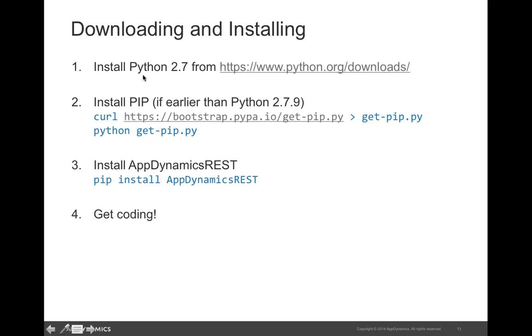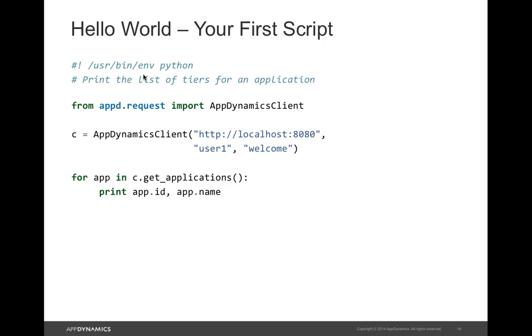So if you don't have Python already, you obviously first need to download and install Python. They have packages built for pretty much any operating system, Mac, Windows, lots of flavors of Unix, if it's not included already. And then you need pip, which is the Python package manager. Again, if you have a recent version of Python, you may already have pip. Just go to the command line and type pip.